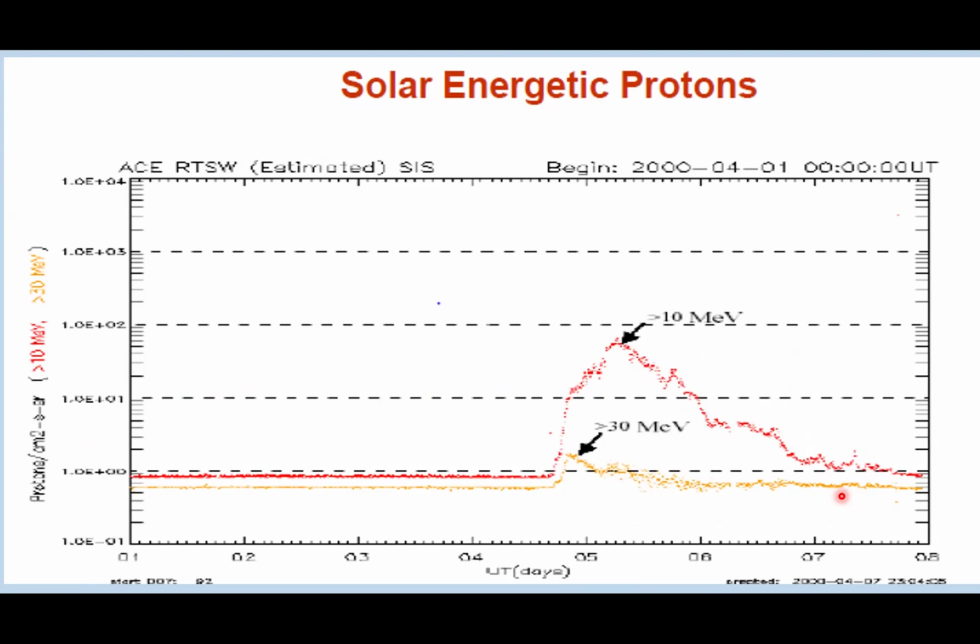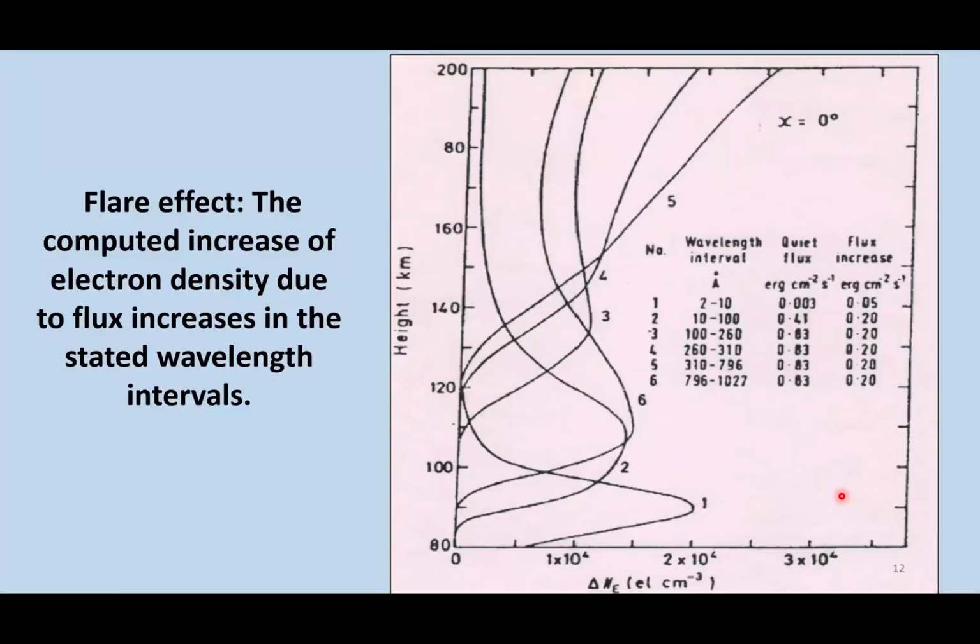There is enhancement in the different wavelength bands. For example, for 2 to 10 angstrom units, how much was the quiet time value of the flux, and how much was the increase during the flare, is listed here in various wavelength bands. These 1, 2, 3, 4, 5, 6 are different wavelength bands. Because of the basic photoionization process that we have learned, the ionization increases. This is the delta Ne, the increase in ionization, say at about below 100 kilometers due to the large X-ray flux.